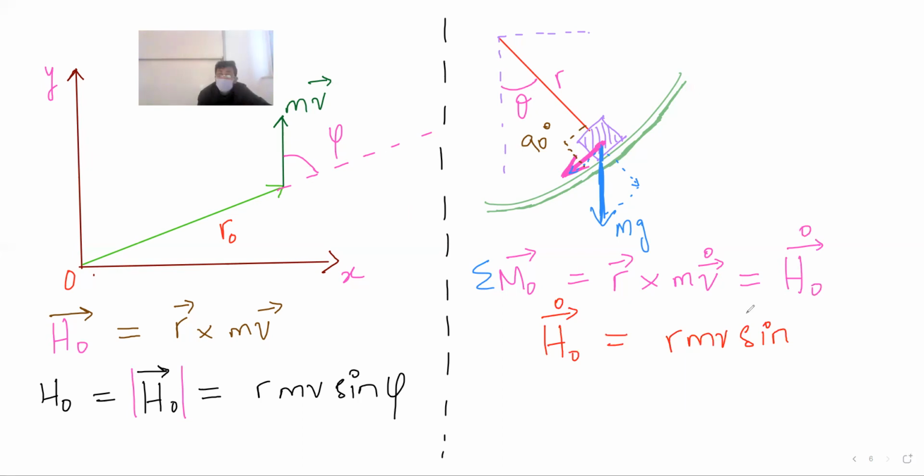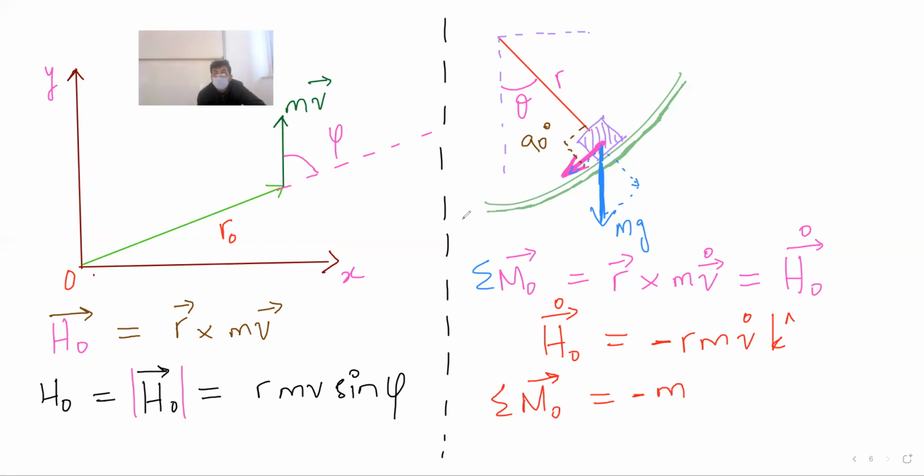So here, H naught dot equal to, I suppose, minus R m v dot k. And the summation of moment comes out to be minus mg.